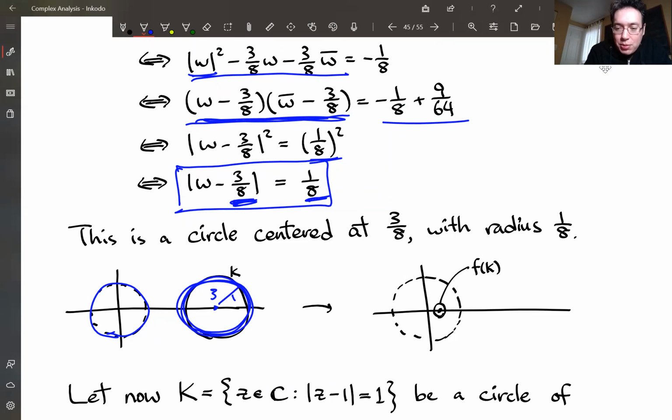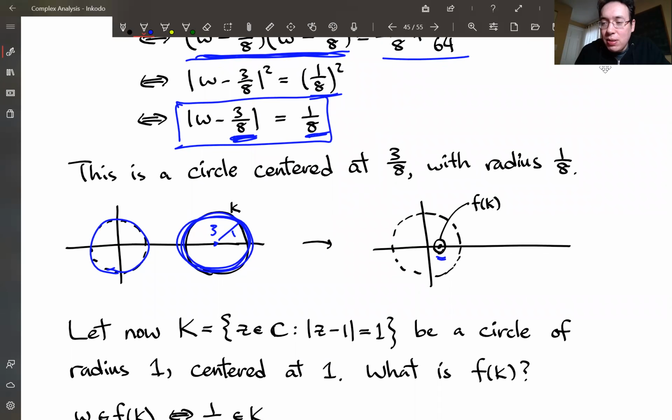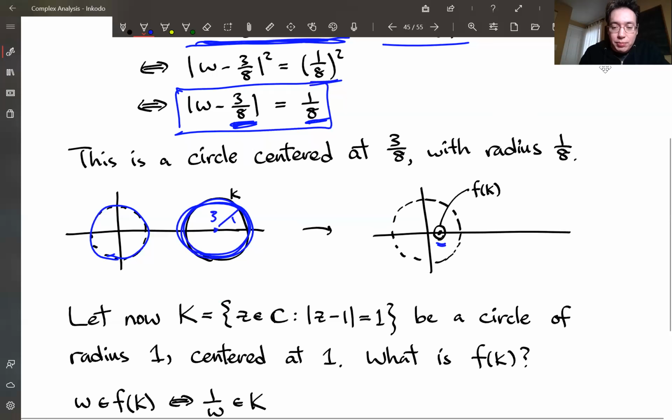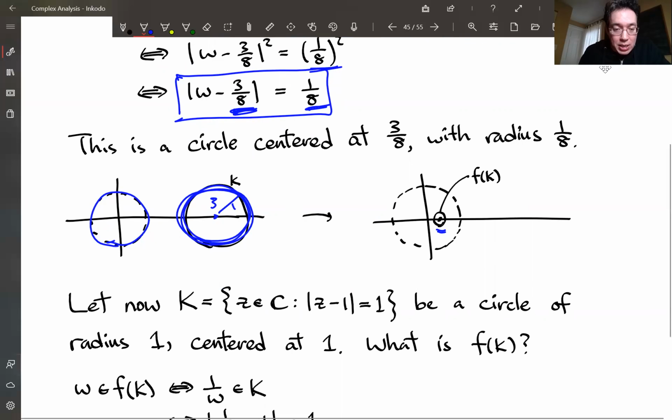That mapped to inside of the unit circle, with the center now at 3/8 and the radius 1/8. Okay, so everything outside of the unit circle goes into the unit circle. So that kind of makes sense. But you worked out that the circle transformed into a different circle. Okay, so there are other things that could happen.